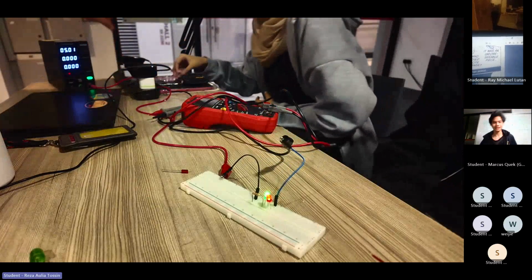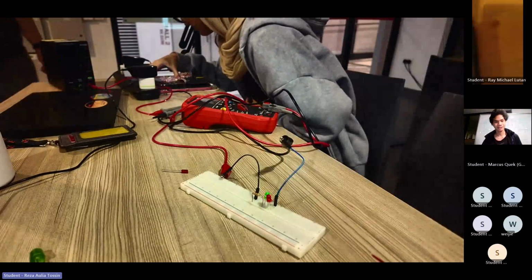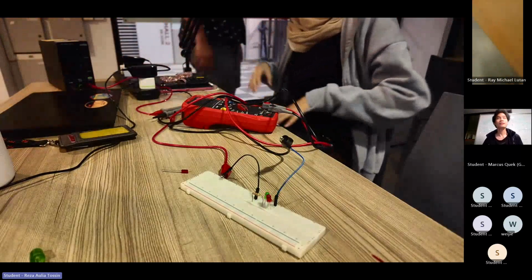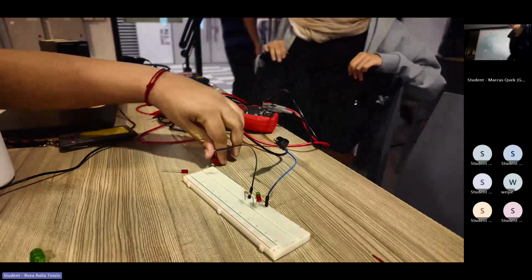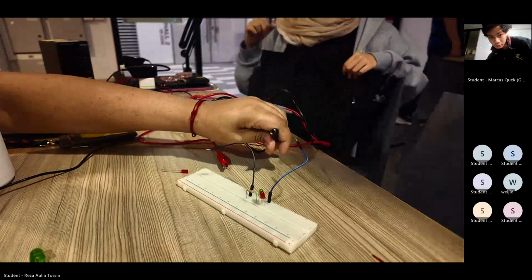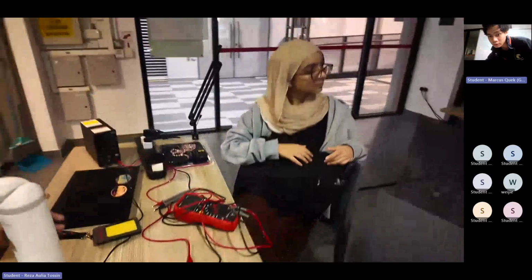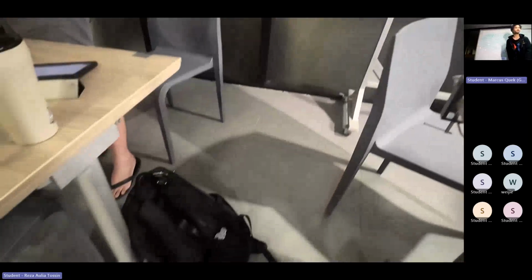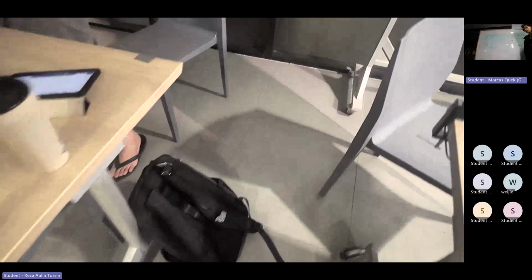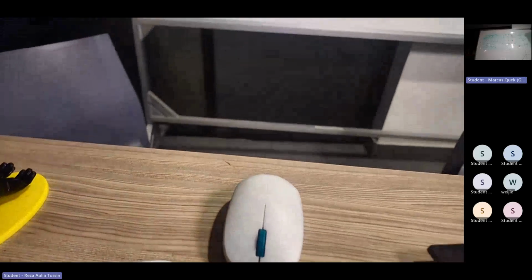Okay, we didn't make slides for AC and DC because we don't need to. Where's the duster? Oh, we need the duster again. Where's the marker?